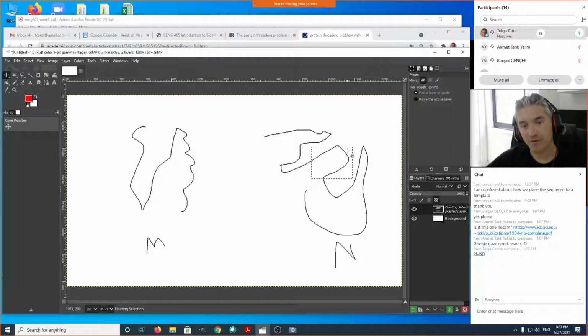And after you decide that this part is matching to this one, the thing that I just did, moving this over here and rotating it such that they are on top of each other as much as possible, is called a superimposition. And superimposition is a solved problem.